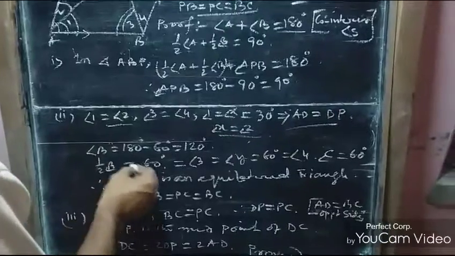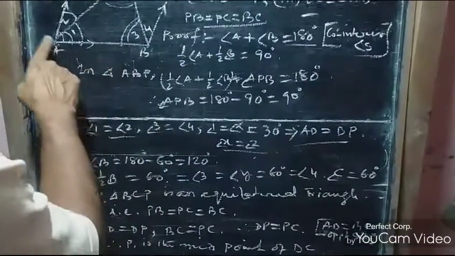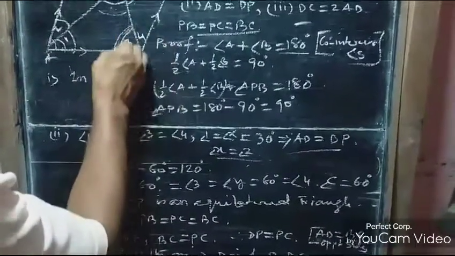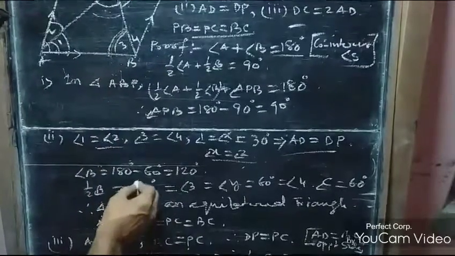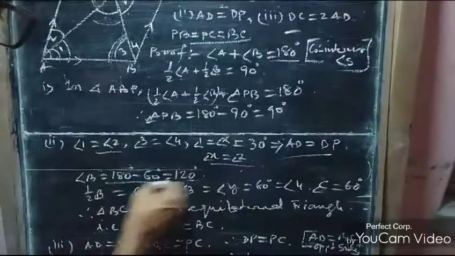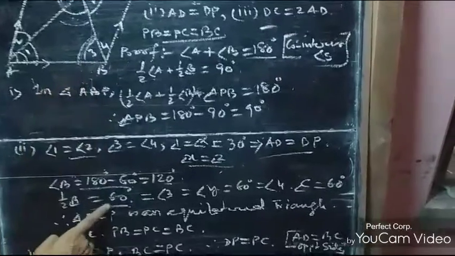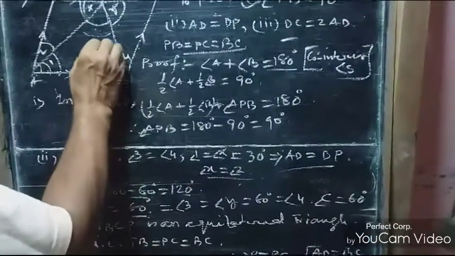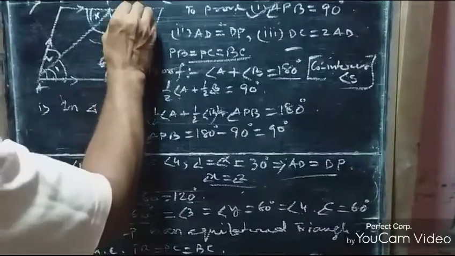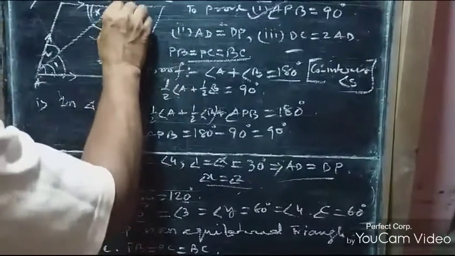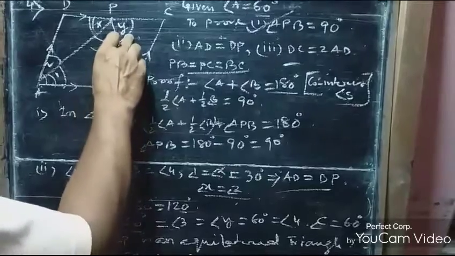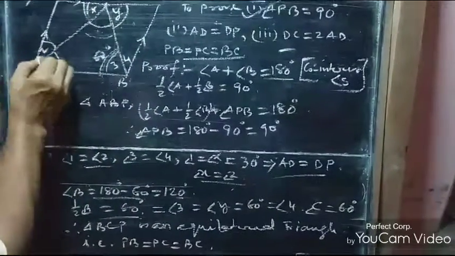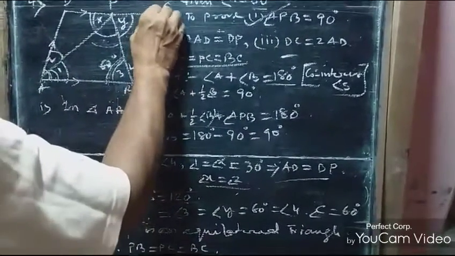Now angle B. If angle A is 60 degrees, then angle B will be 120 degrees. If angle B is 120 degrees, then half of B will be 60 degrees. Half of B is 60 degrees, so this angle is 60, and this angle Y will also be 60 degrees. And we know that angle A equals 60 means C is also 60 degrees.